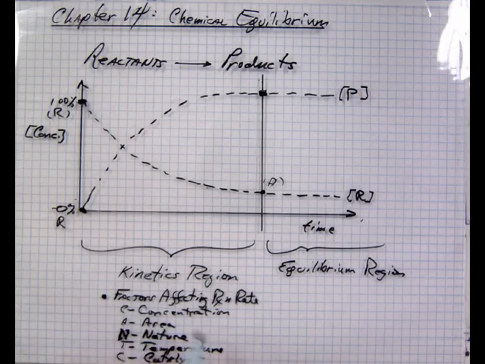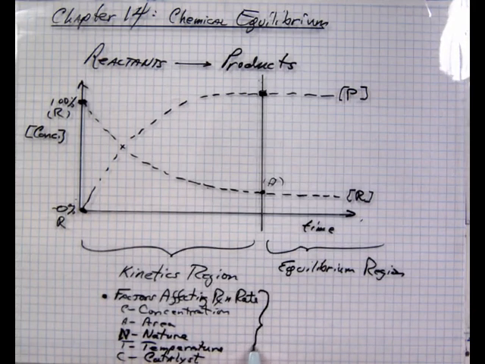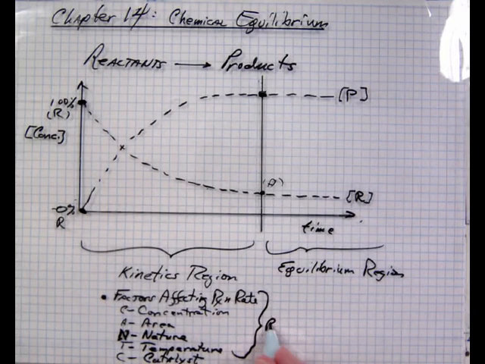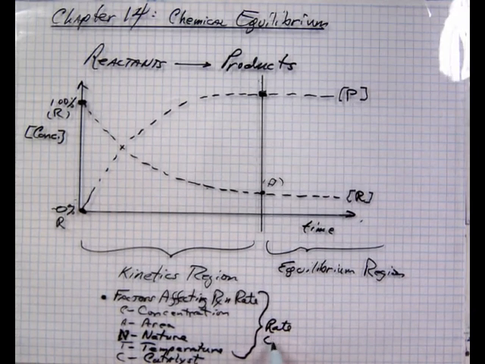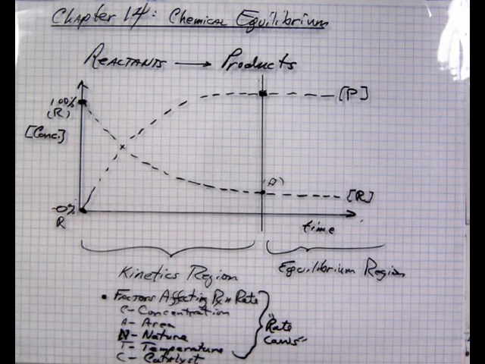From these, we construct what is referred to as rate laws, which define empirically the generalized relationship and growth trends of the curve, or the rate changes of the reactants and products, whatever you're trying to study.